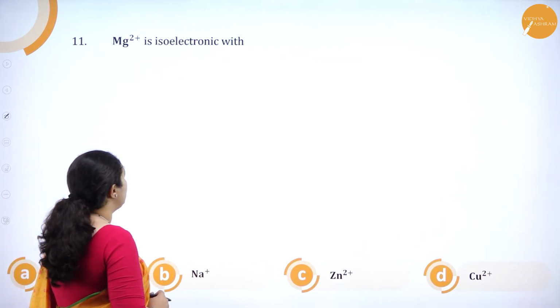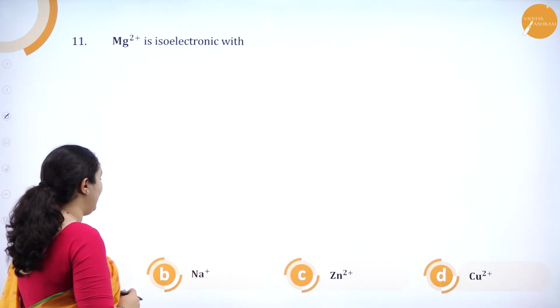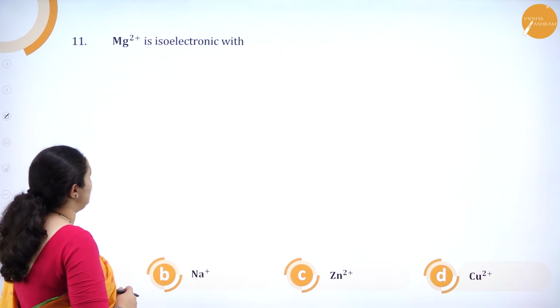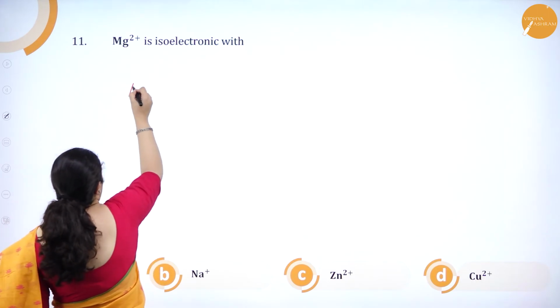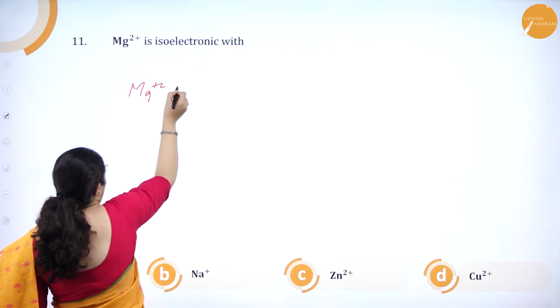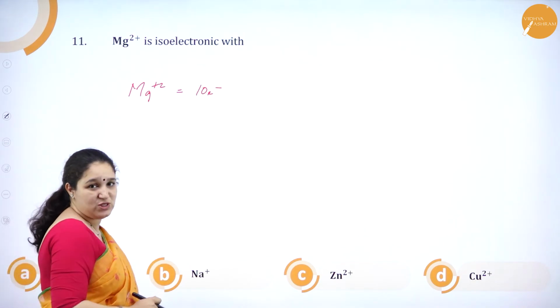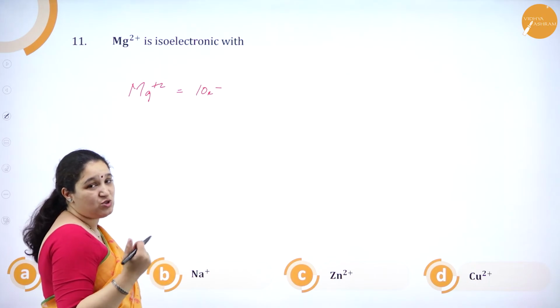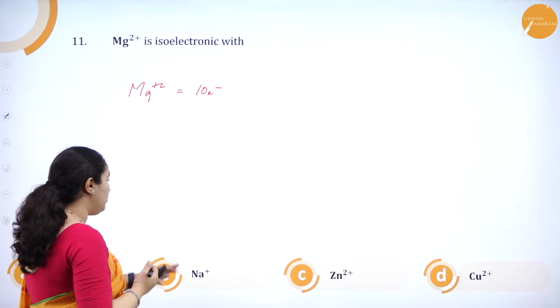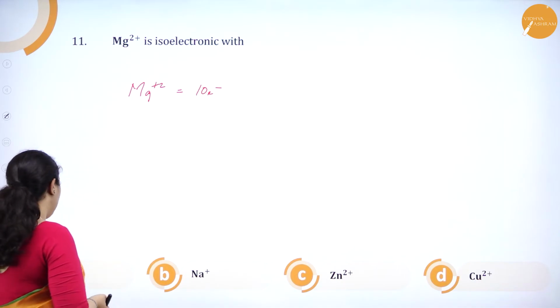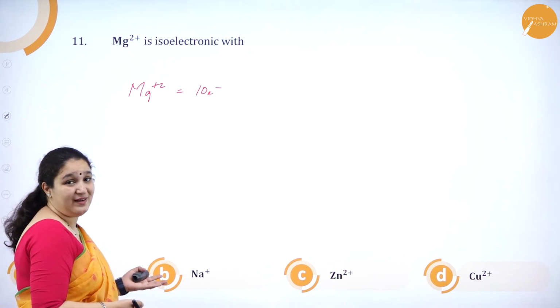Mg plus 2 is isoelectronic with Ca plus 2, Na plus, Zn plus 2 and Cu plus 2. Magnesium in Mg plus 2 state has 10 electrons. Atomic number of magnesium is 12, 2 electrons are lost, so 10 electrons are present. Now which option has 10 electrons?